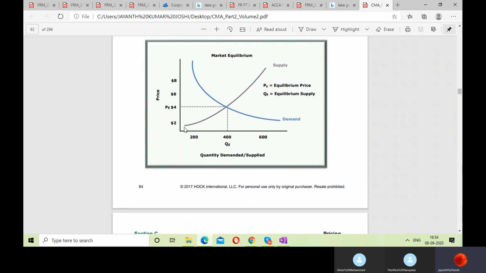So here, when the price is $2 we supply less, when $4 we supply more, we supply 400 boxes. $6, even more, and $8, the highest price, the highest supply.